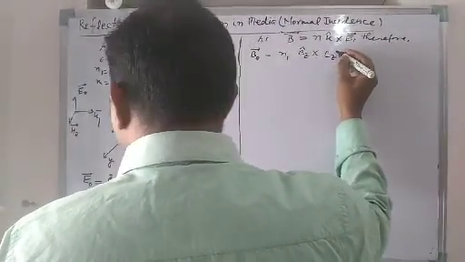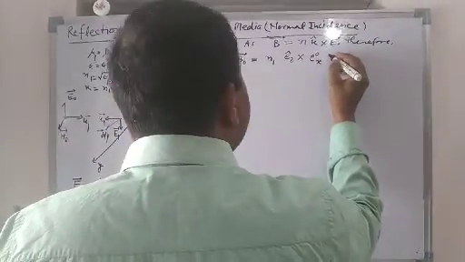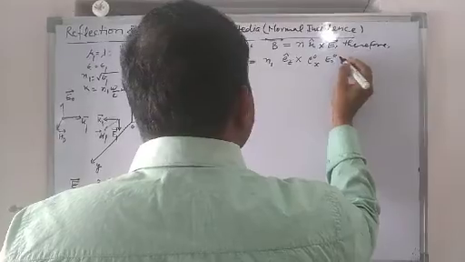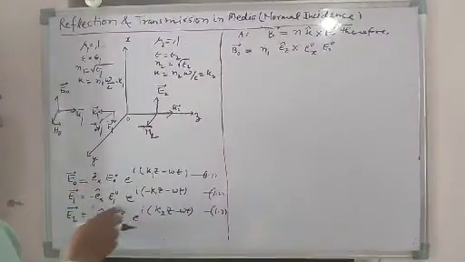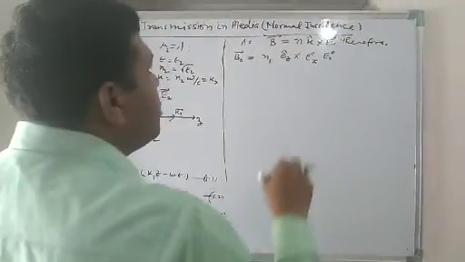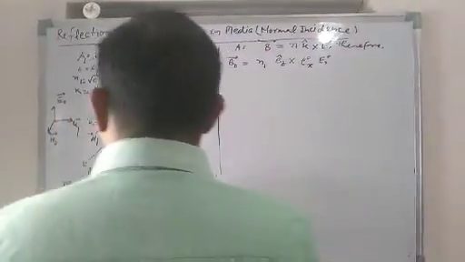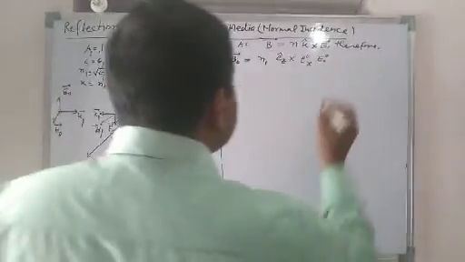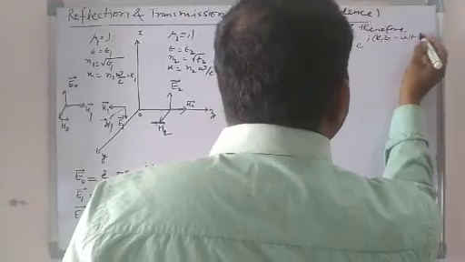This is going to be Ex naught, then E naught naught, and I'm sorry, there shouldn't be these vectors because I had already written the direction. So this is going to be E naught naught. These are just pure amplitudes. So this is E naught naught e to the power i(K1 z minus omega t).